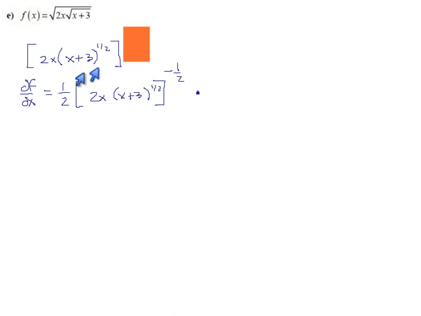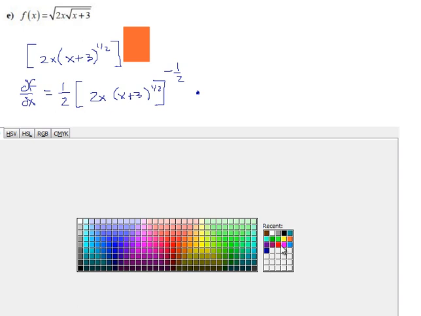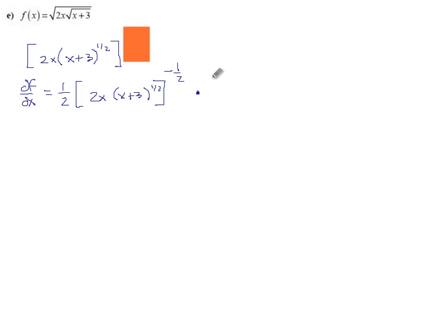Well, unfortunately, this is a product. It's 2x times x plus 3 to the half, and that means the product rule kicks in now. So we need a big bracket. And inside this bracket, I have to do first d second plus second d first.